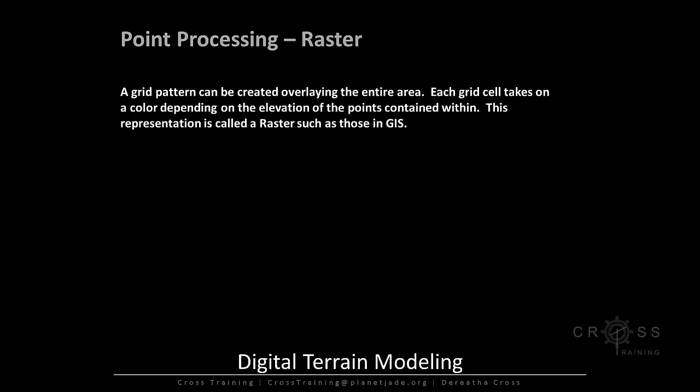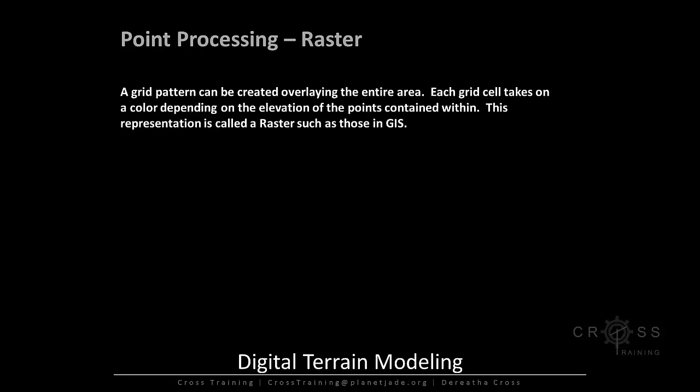The third most common form of terrain representation that you can expect to find is the one that ArcGIS uses the most, and that is the raster. We can probably recall this from earlier tutorials. A raster is essentially a grid pattern which can be created overlaying the entire area.